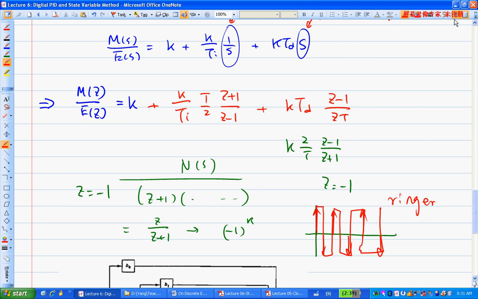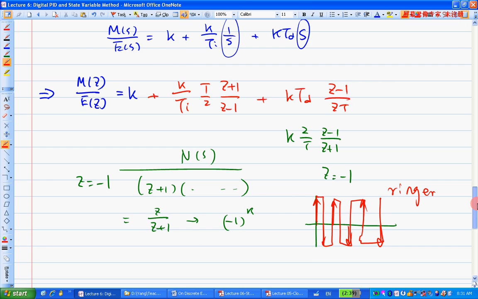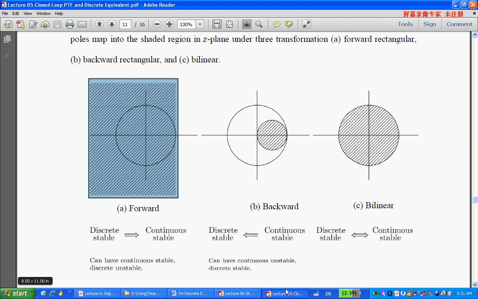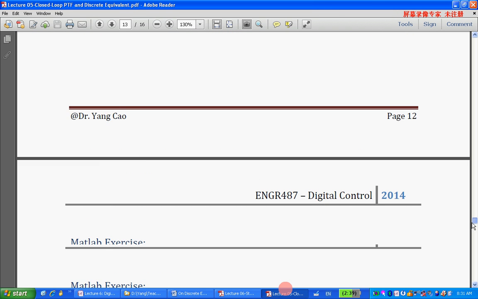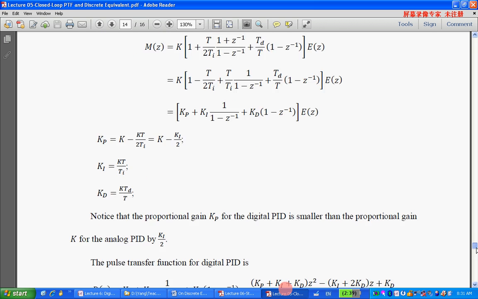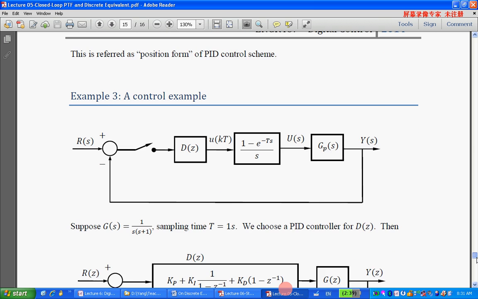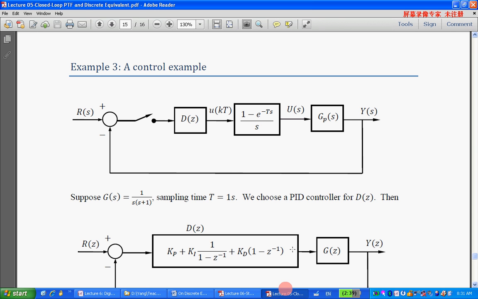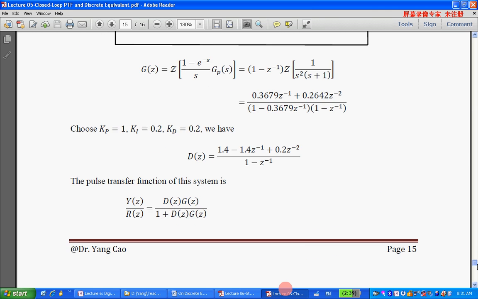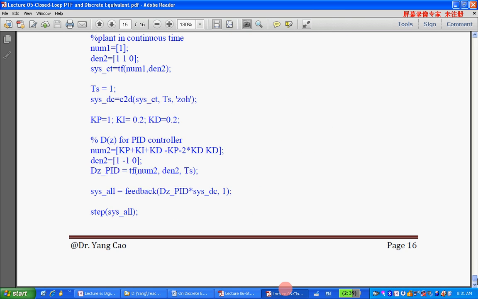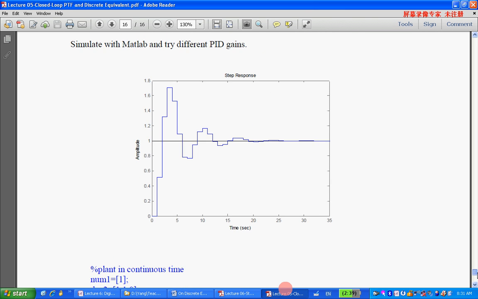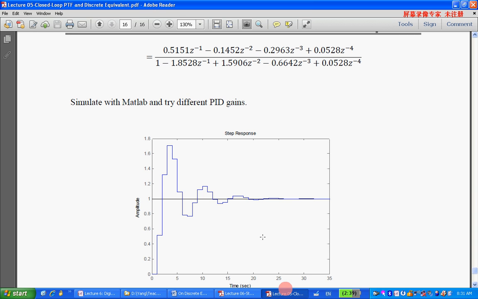Good. All right. So there is an example I want you to play with. There's an example of implementing a digital control, this PID. So you combine everything, that's your PID. You implement the digital PID on a simple system like this here, right? Do a simulation using either Simulink or MATLAB. I have a script file here, not a Simulink, so you can build a Simulink block trying to do the same thing.